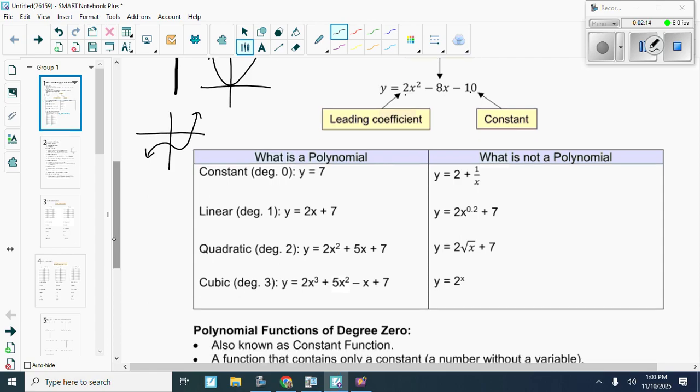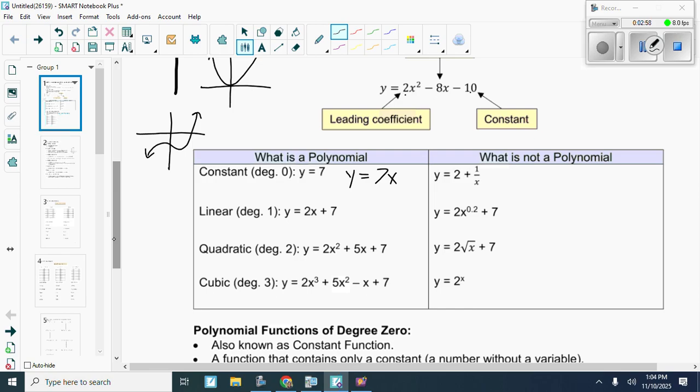When we have a constant, for example y equals 7, there's not even an x value. However, if you remember your invisible math, assumed math: if I just gave you an x and asked how many x's there are, you'd say one, because everybody knows there's a 1 if there isn't anything written in.